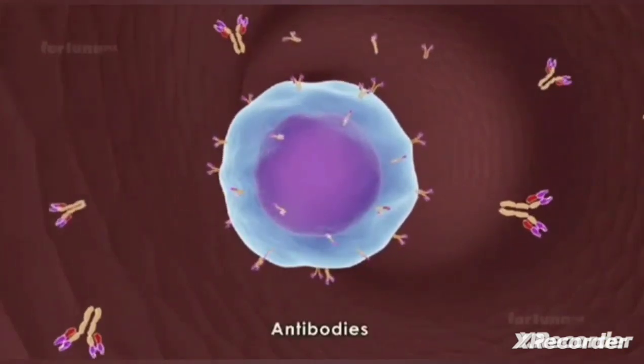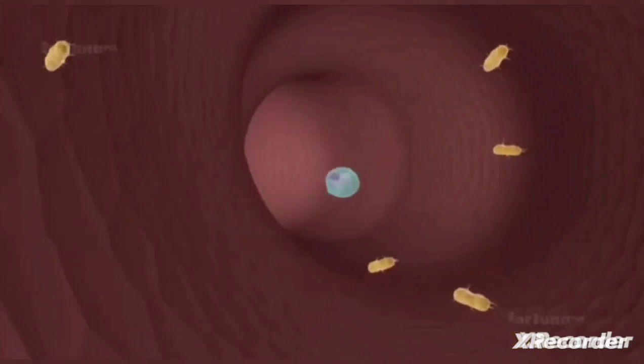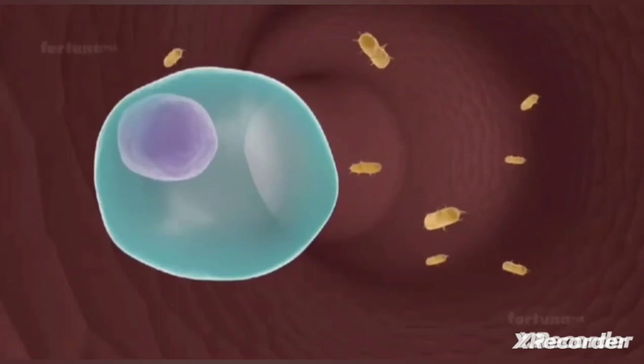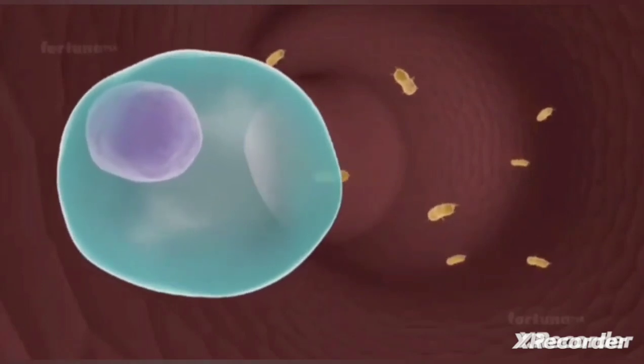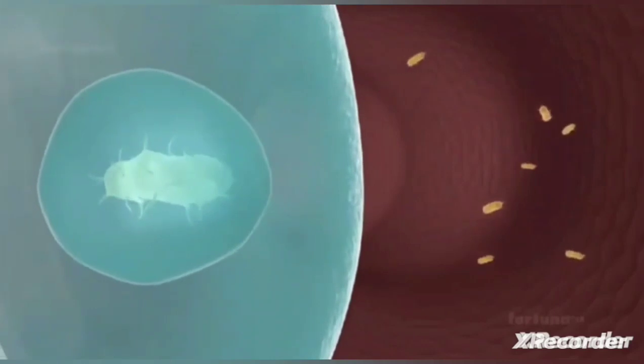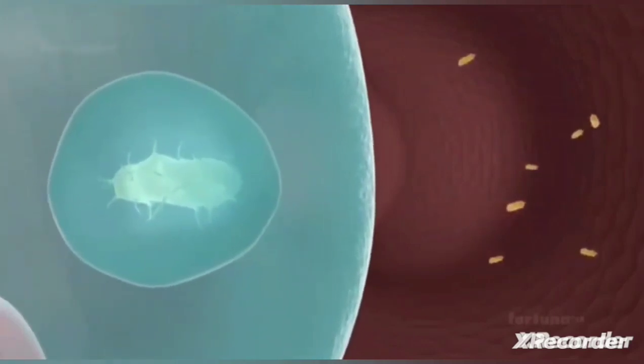The humoral immune response begins with the activation phase. During the activation phase, a macrophage, one of the cells of the immune system, engulfs the invader antigen through phagocytosis.